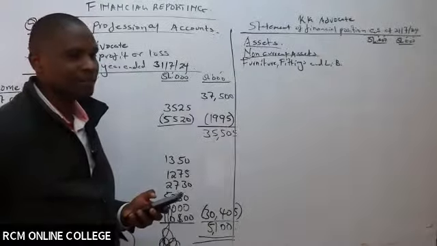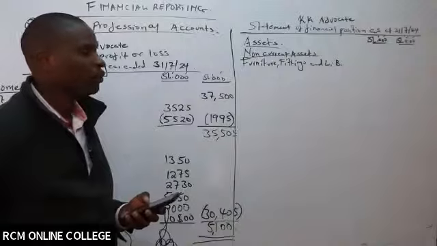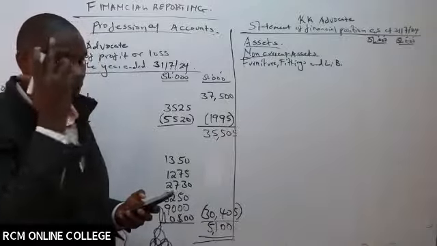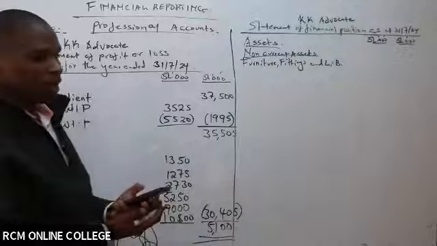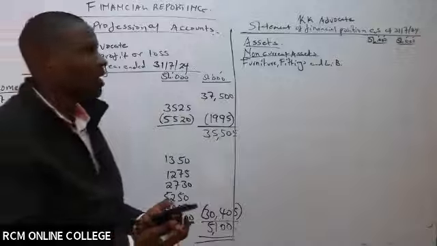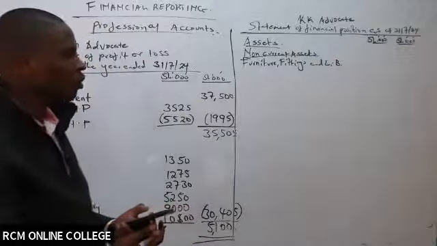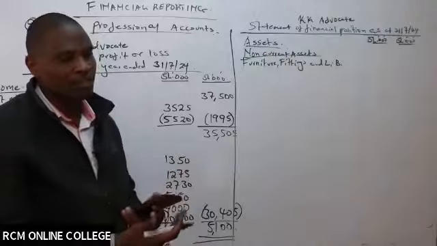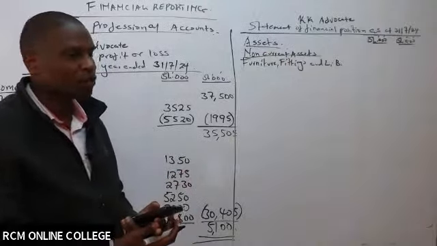Victor is telling us that it should be the net book value. Anybody else with a different view? Under financial accounting, I remember you guys were told that you need to recognize the reduction of value of assets.